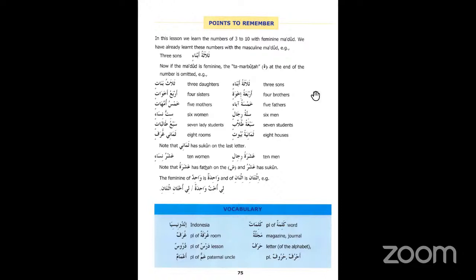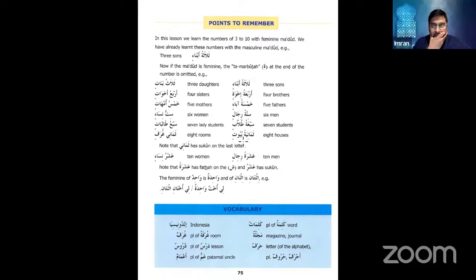For 5 fathers, the masculine would be khamsatu aba'in, and the feminine would be khamsu ummahatin, which means 5 mothers. 6 men, sittatu rijalin, and the feminine would be sittu nisa'in, 6 women. Yes, that's right, sittu nisa'in.